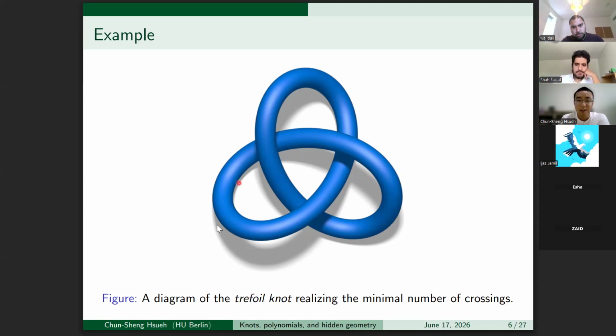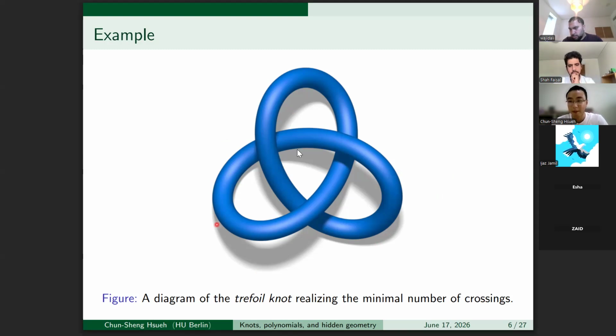And here we have a special diagram for the trefoil, because it's the one that contains the minimal number of crossings. So I'm claiming that the crossing number of the trefoil, which is the name of this knot, is in fact 3. You cannot do better.